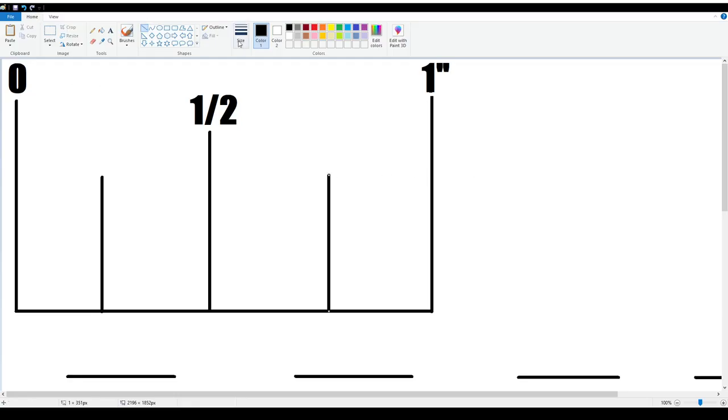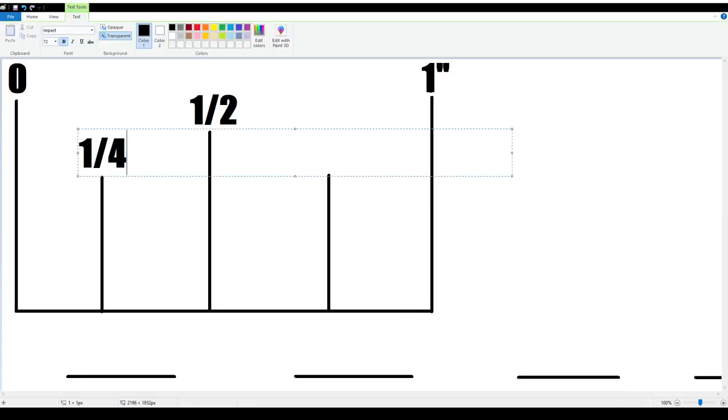We'll leave it there, and we're going to get our text tool again. And if you can see what we just divided it into, what is half of a 1/2 inch? Give you a second, but I'm pretty sure you guys are pretty sharp on that. Half of 1/2 inch is a quarter inch.